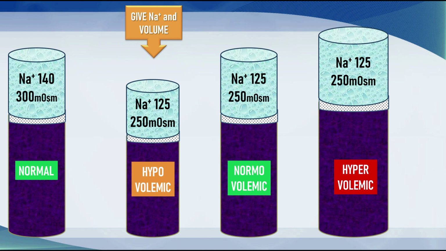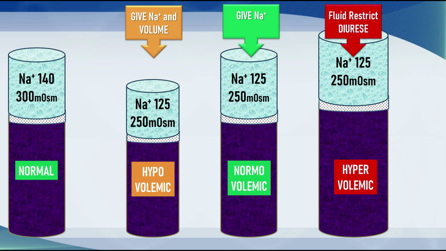If he is normovolemic, he needs sodium. And if he is hypervolemic, total body sodium may be normal, but the patient is fluid overloaded, so they need to be fluid restricted and perhaps diuresed. And that's why it's important to take a history and examine the patient and look at the patient's medications.